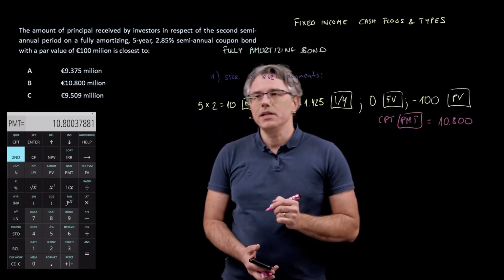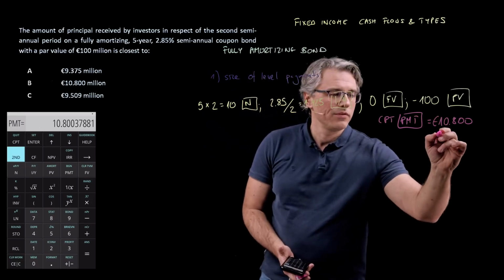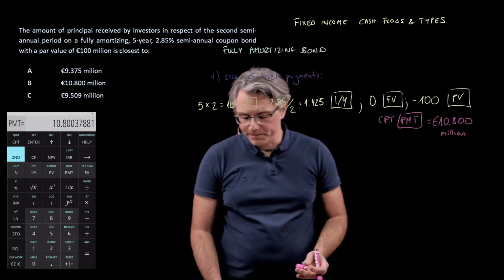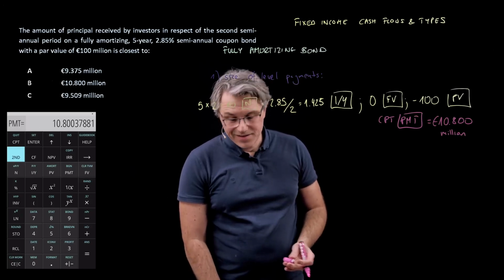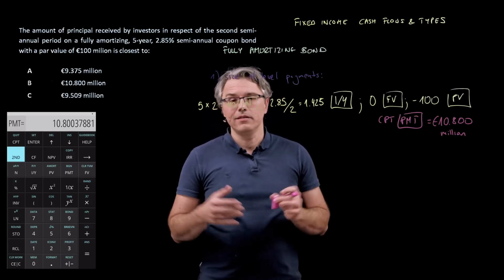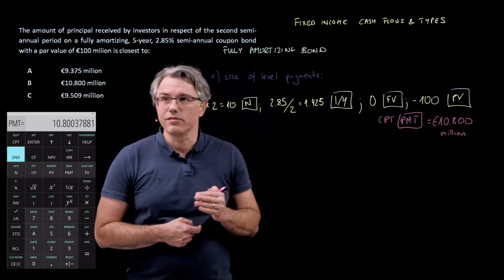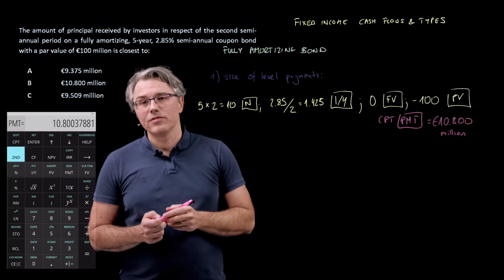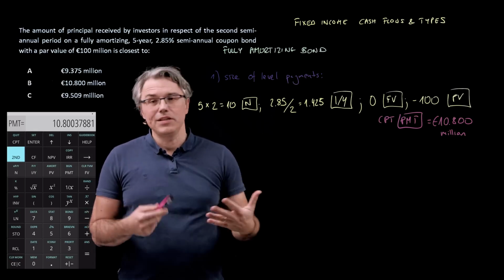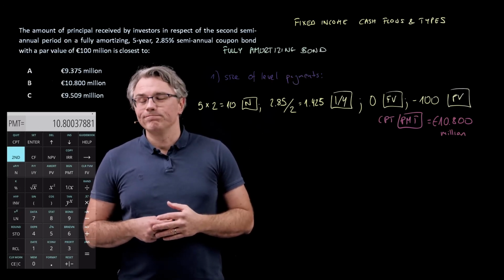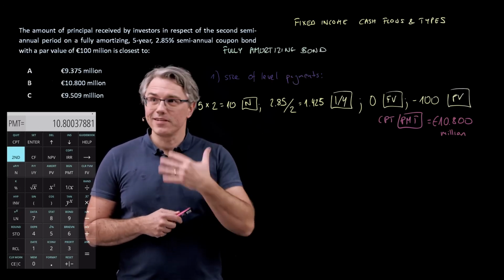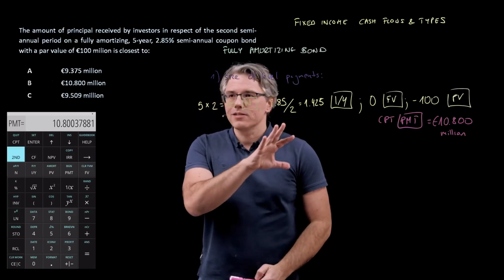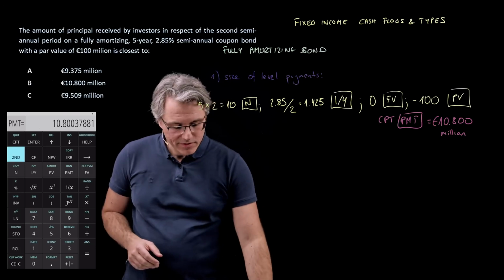So that basically means we're looking at 10.8 million euros as our semi-annual payment from issuer to investors on this fully amortizing bond. This is what's required to get the bond principal down to 0, and in the meantime also pay interest at the suggested 2.85 rate.